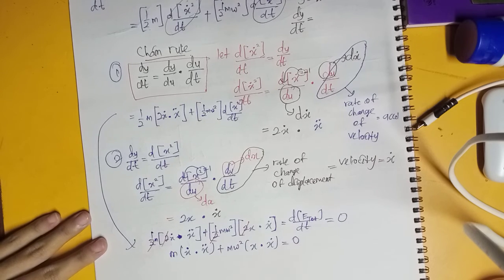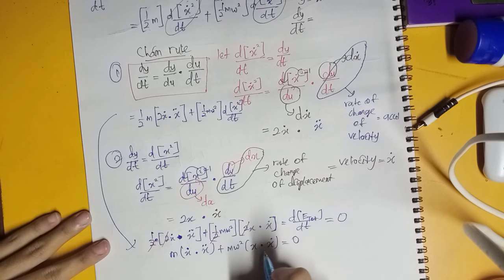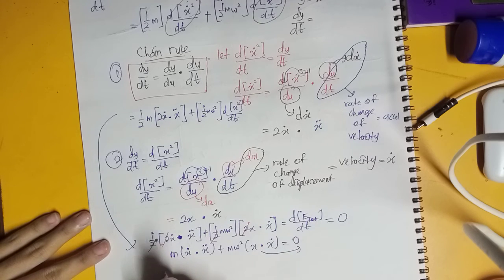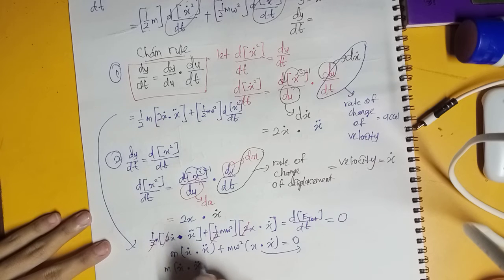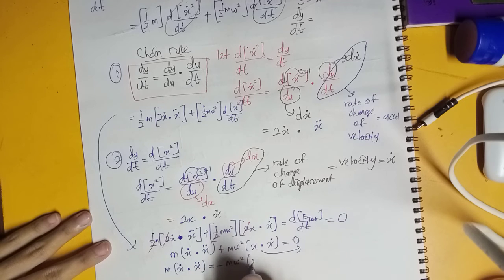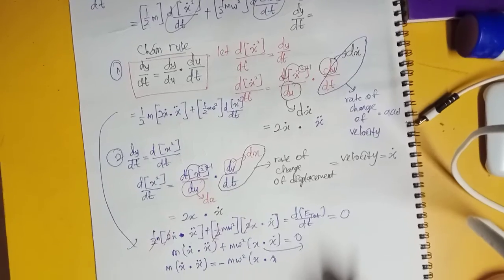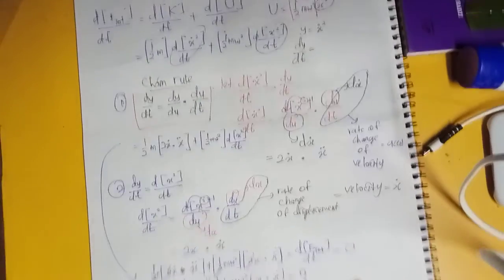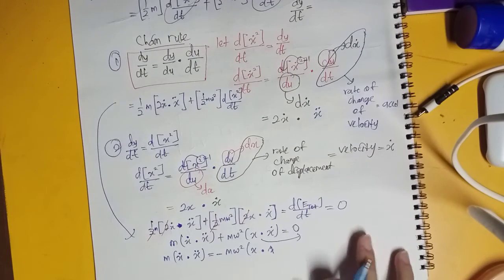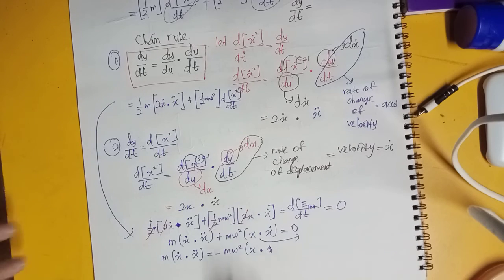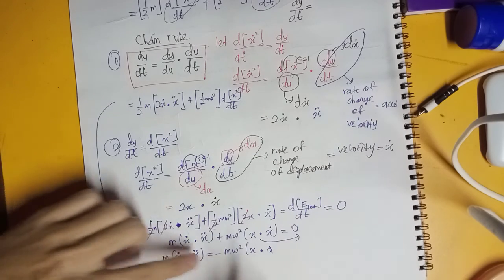Okay, pretty simple. Now let's move this one to the right side. So we get m x dot times x double dot equal to negative m omega squared x times x dot right here. Okay, very simple. Can you guys see that? Okay. So here we want to remove m.